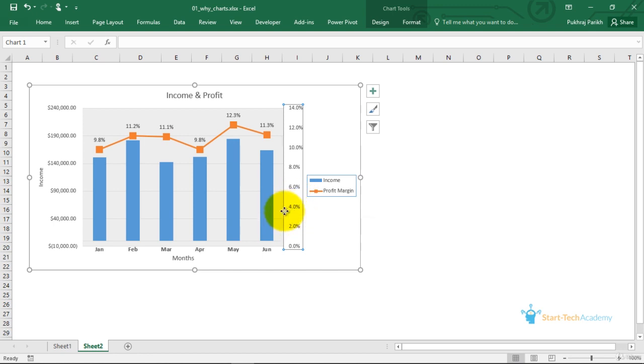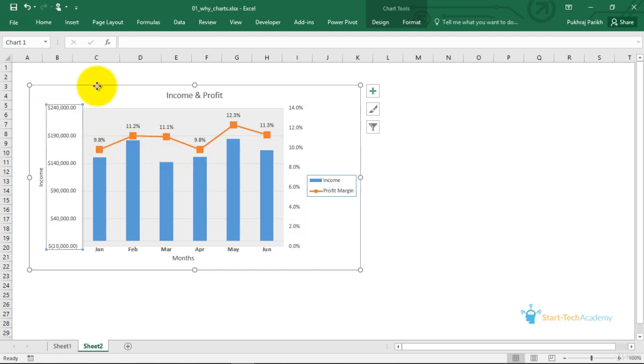If the profit margin were plotted using the left axis, the line for profit margin would not be even visible. It will be so close to the horizontal axis that we would not be able to even see it. Therefore, adding a separate secondary vertical axis solves this problem. Now we are able to add two different scales on a single graph.